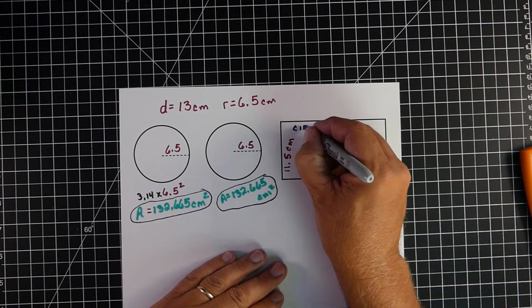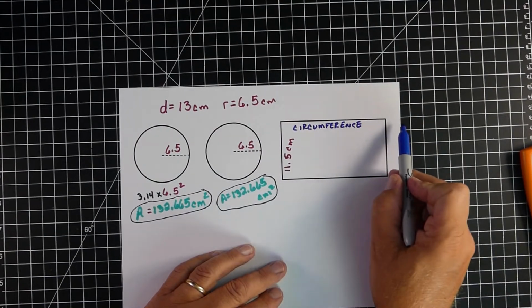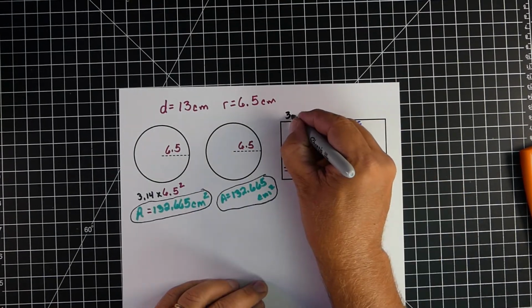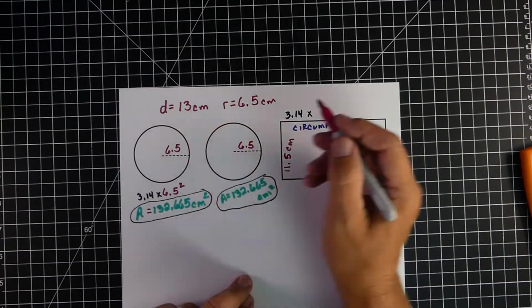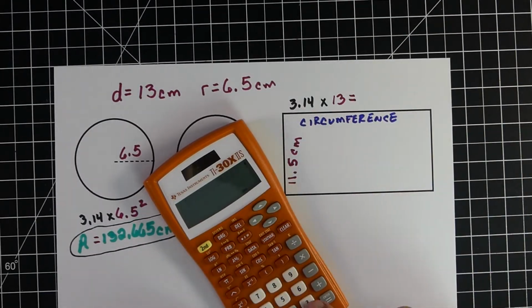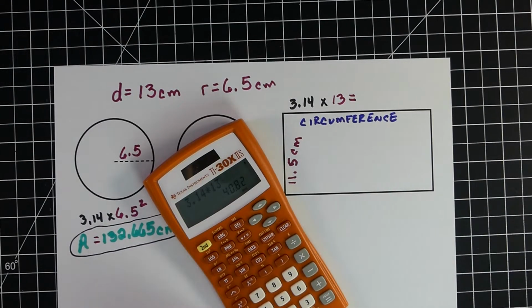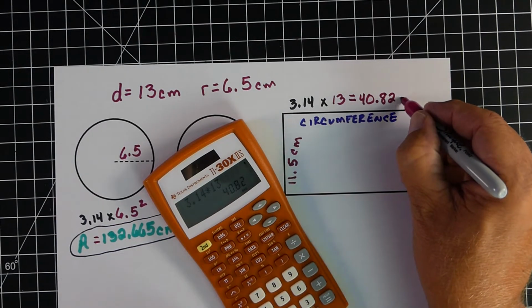It's called the circumference. The way we find the circumference of a circle is we go 3.14, again, that's what we're using for pi, and we're going to multiply it by the diameter. In this case, it was 13. So we're going to go pi times 13, and that's going to give us the circumference, which in this case is also our distance for this rectangle.